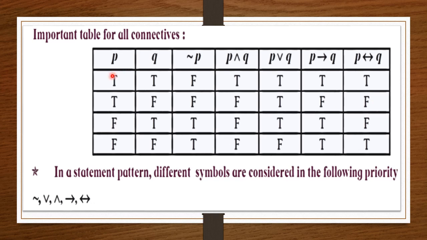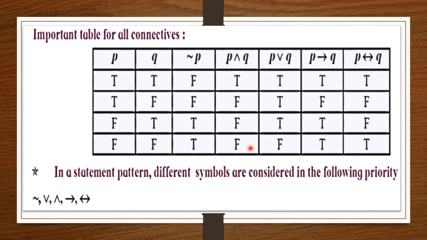So when both the statements have the same truth value, that is true, the double implication is true. And when both the statements have the same value, that is false, the double implication is true. And in the rest two cases the double implication is false. Now this table we have already seen individually when we learned the logical connectives. This is just like recalling.